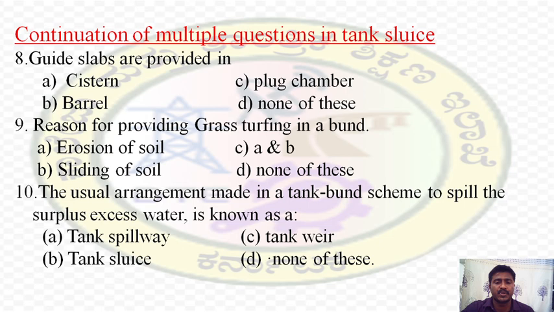Answer is A and B. So the reason for providing grass turfing is to avoid erosion of soil and also sliding of soil on the downstream side. So we will move on to the next question.